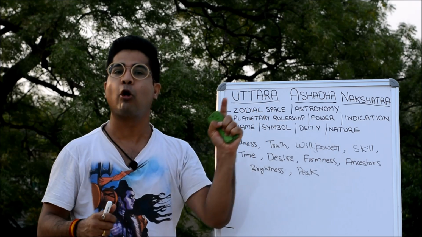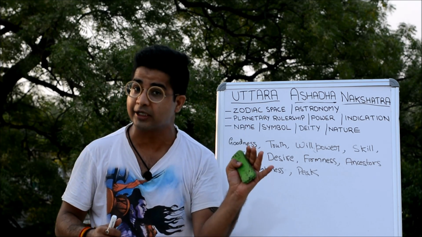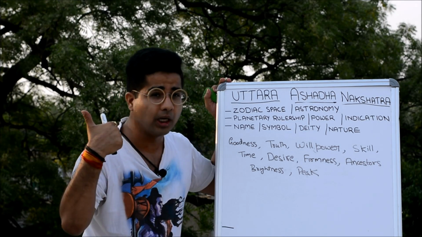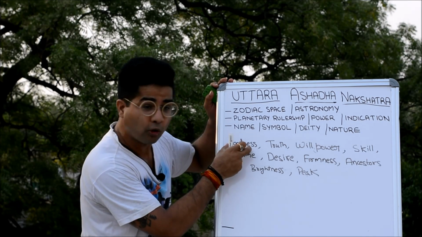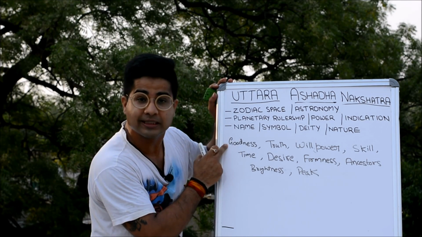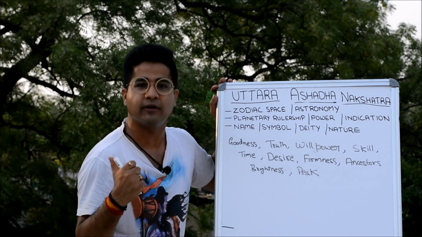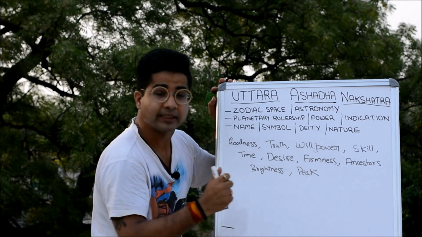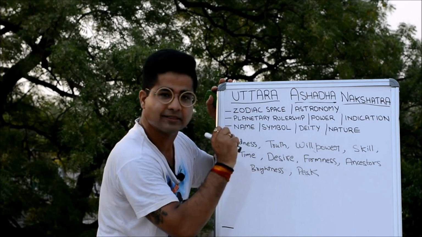This nakshatra also encompasses all the qualities of its predecessor nakshatras, because goodness can be associated with the Ashwini, Punarvasu or Pushya nakshatra. So you are also finding traces of goodness in this nakshatra. Truth can be associated with Uttara Phalguni, which you find inherent in this nakshatra. Willpower can be associated with Ardra or Krittika.